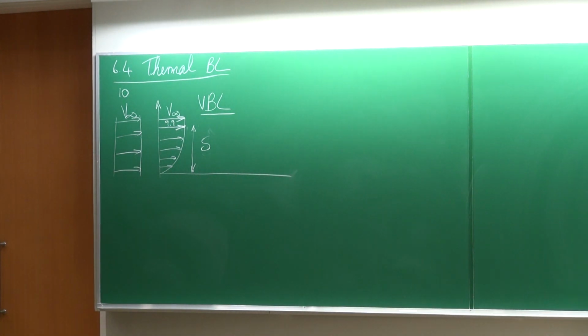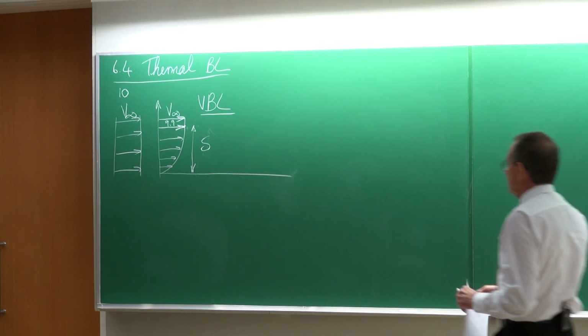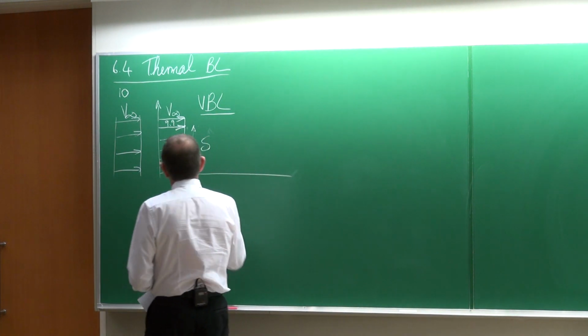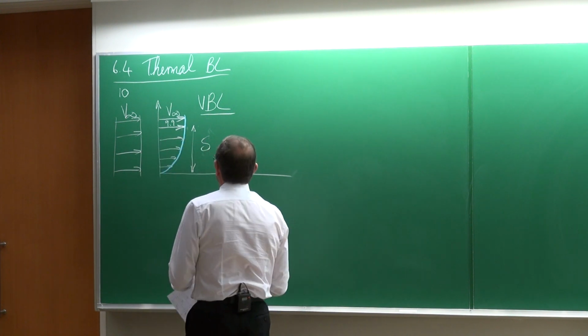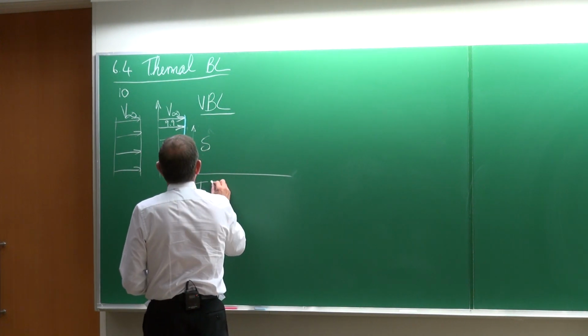And in the beginning, it sometimes helps to distinguish the two boundary layers, the velocity boundary layer and the thermal boundary layer, with two colors. So I normally like to use blue for the velocity boundary layer, and now we're going to introduce the thermal boundary layer.